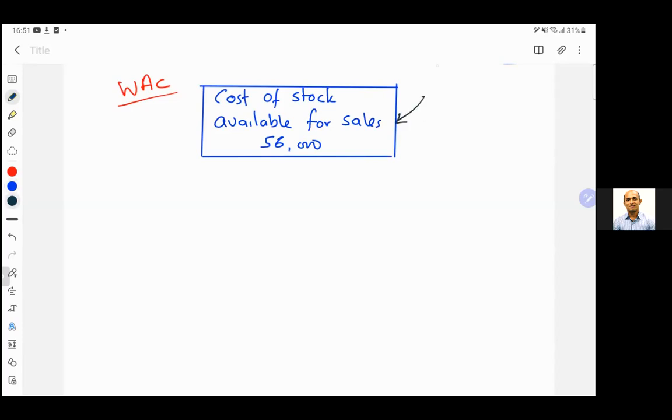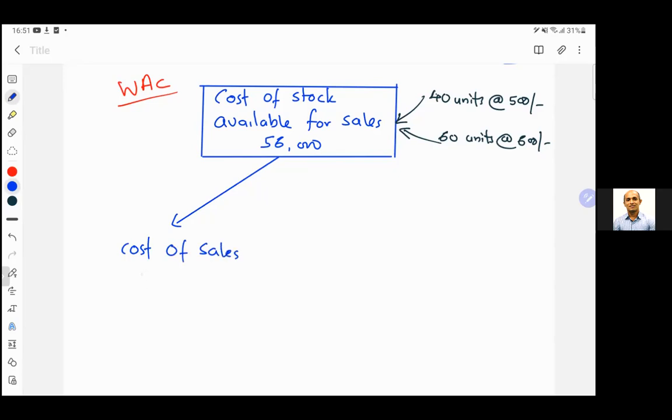This is made up of two prices: 40 units at 500, then 60 units at 600. Now you have to allocate between cost of sales and closing stock.